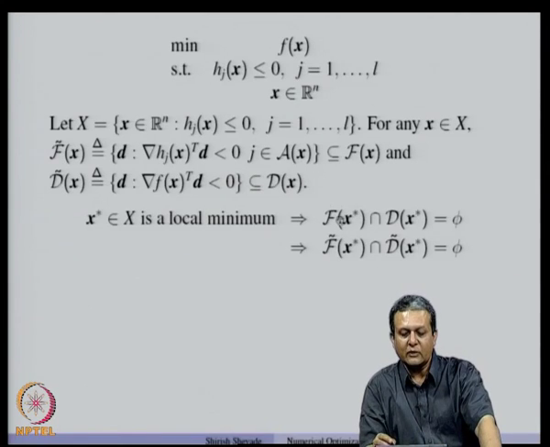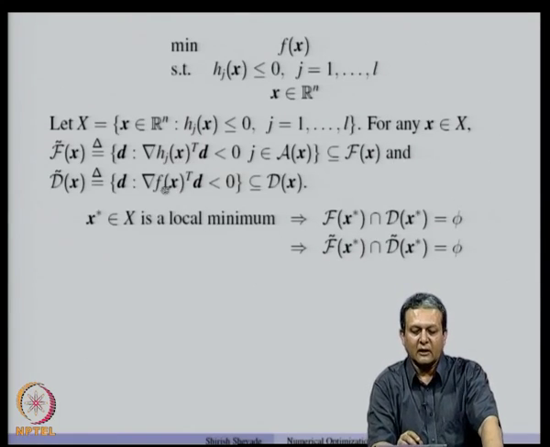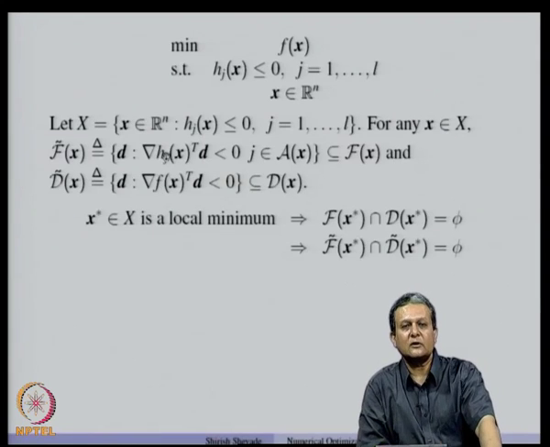Now, the reason for doing this is that this condition is written in terms of the gradient of the objective function and the gradients of the active constraints, and so it can be written in algebraic form.